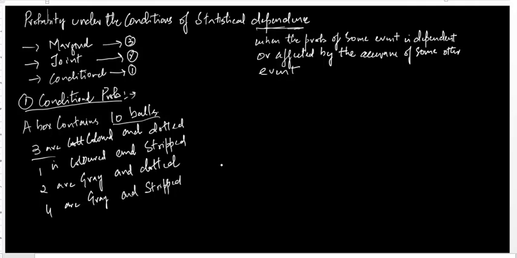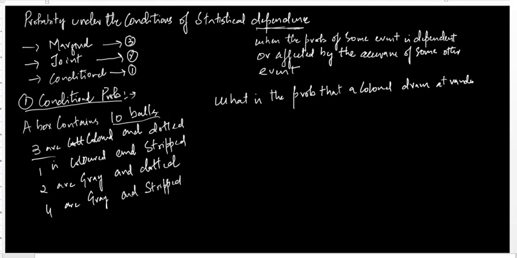Now suppose I've been asked a question: what is the probability that a colored ball drawn at random is dotted, in the first case?